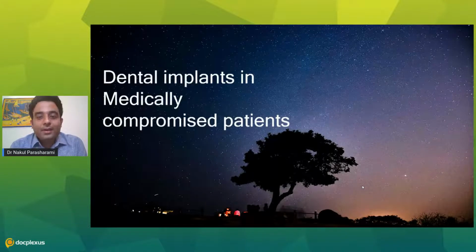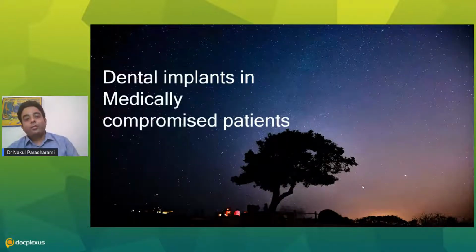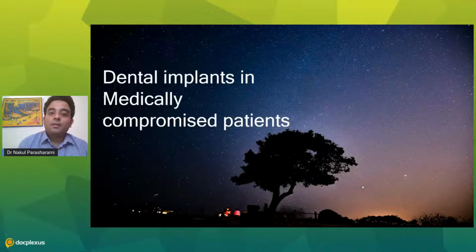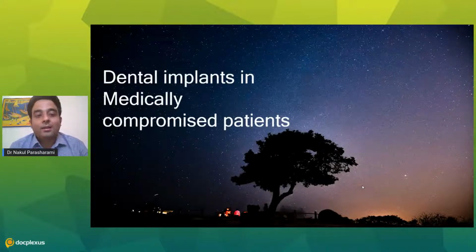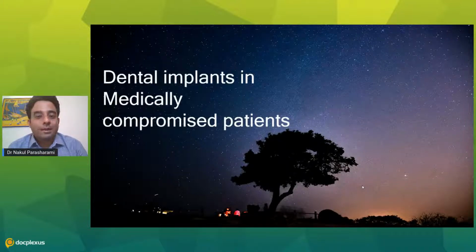There are various medical conditions, but I would like to stress three basic conditions, which are diabetes, second, use of bisphosphonates, which may be for cancer or for osteoporosis, and the third is radiation. I'll also show you some cases along the way, and tell you about the various clinical implications of placing implants in these medically compromised patients. Next.